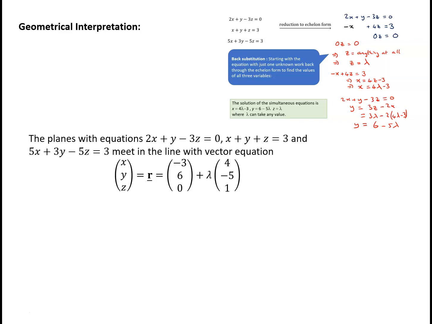And that is precisely the vector equation of a line passing through the point minus 3, 6, 0, and with a direction vector of 4, minus 5, 1.